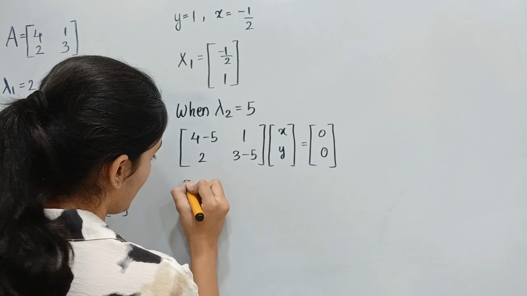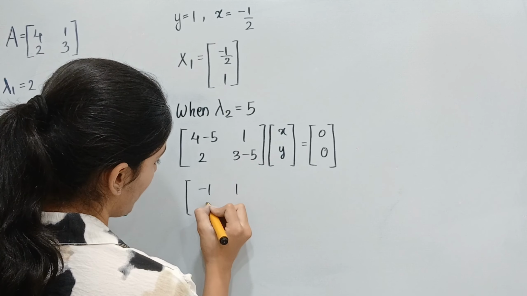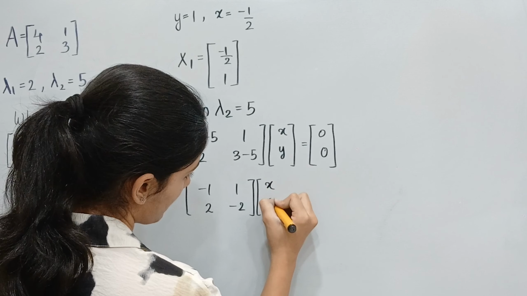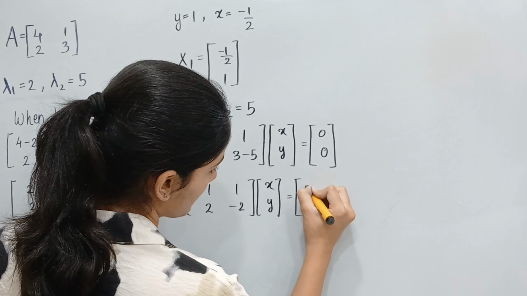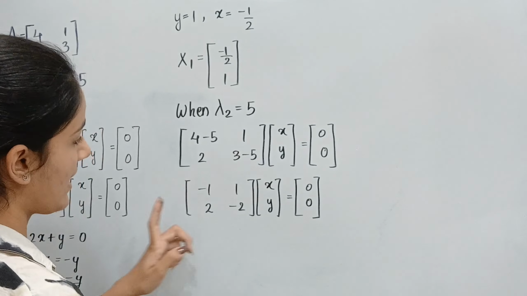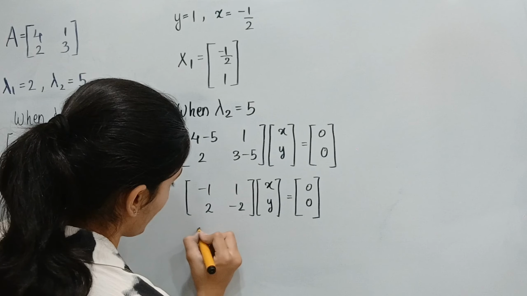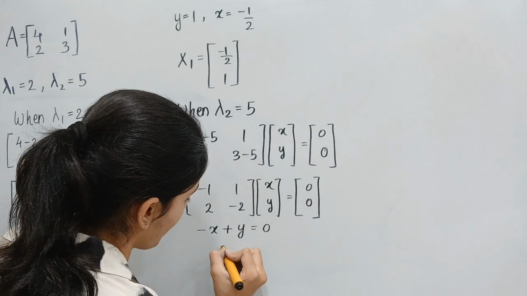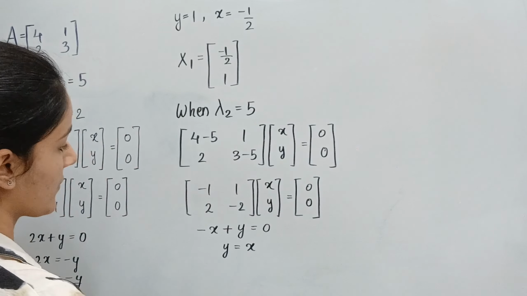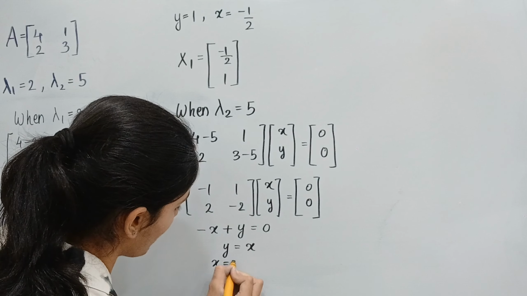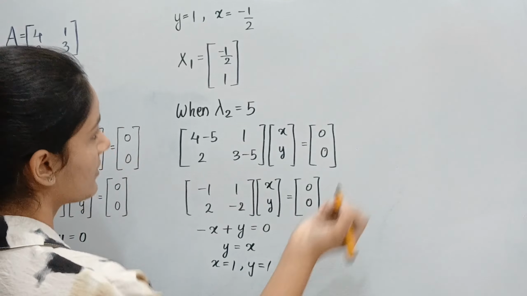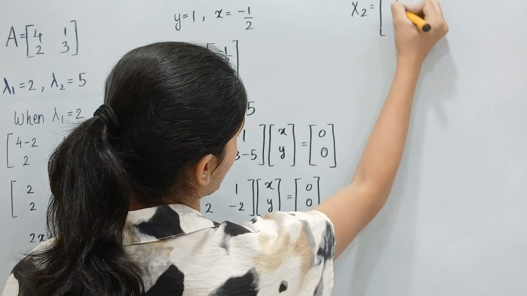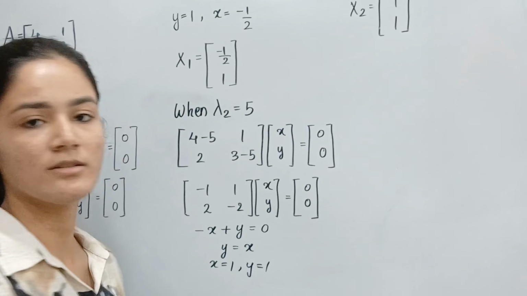On solving this we get minus 1, 1, 2, minus 2 into x, y equal to 0. So now we have to get an equation. The equation will come as minus x plus y equal to 0. So y equal to x. Okay, so when x equal to 1, y equal to 1. Therefore, the second set of vector will come as x2 equal to 1, 1.